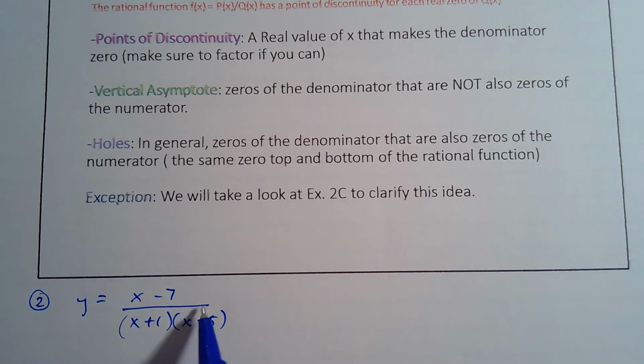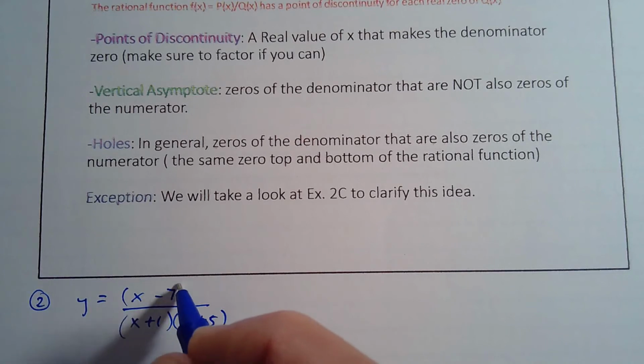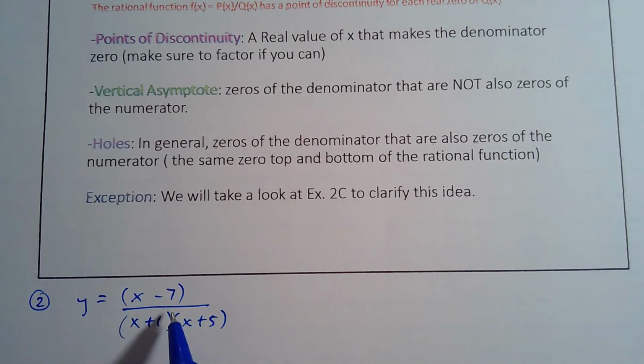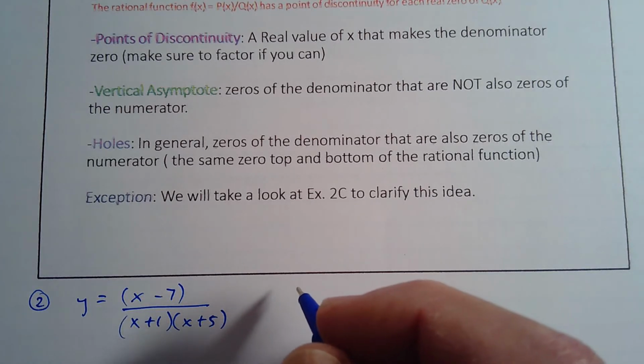The fraction bar pretty much acts like parentheses, so if you put them there, that's fine. If you left them off, that's also okay. It is just a binomial in the top. There are no repeats, so top and bottom, they're different. So the 0 in the top doesn't tell me anything about asymptotes and holes. It's only the ones in the bottom. So in this case, they're both vertical asymptotes.